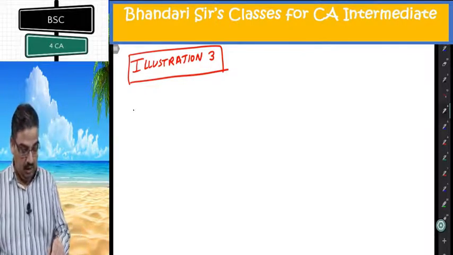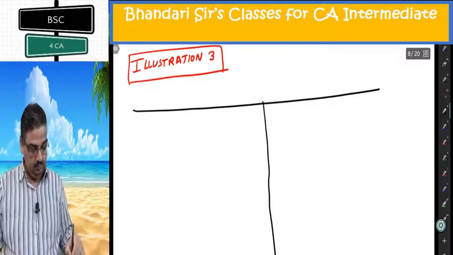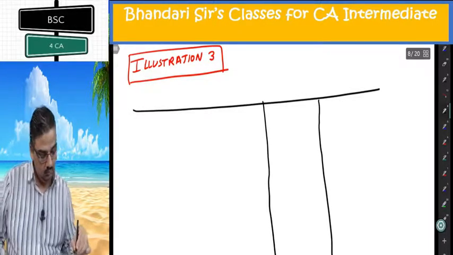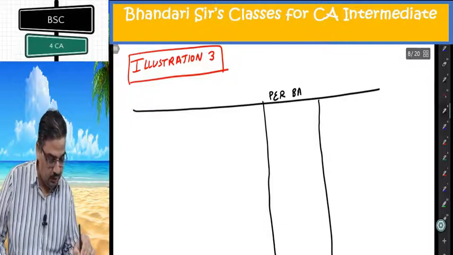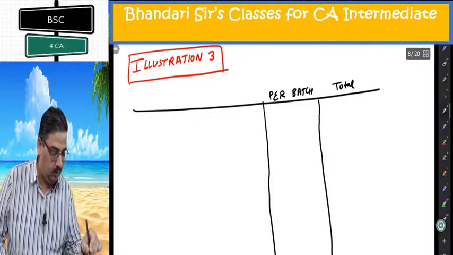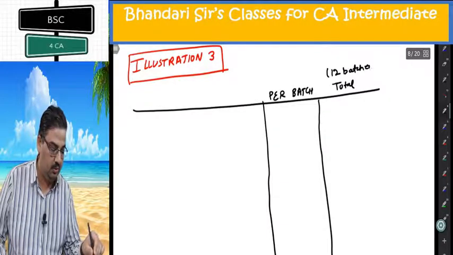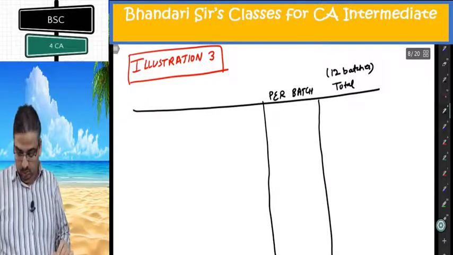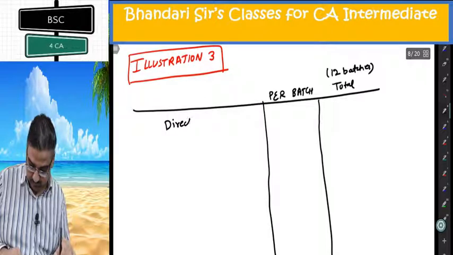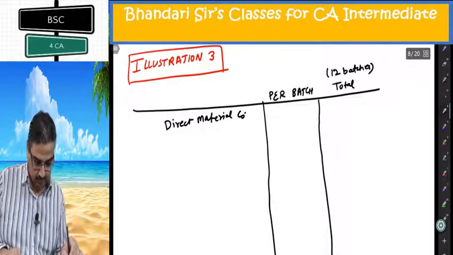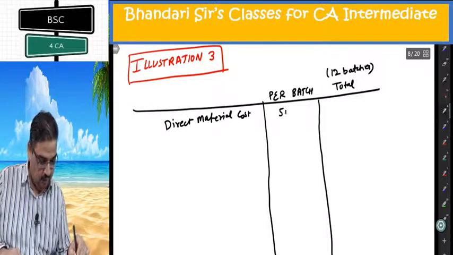So I am making a cost statement. Per batch cost, total is for 12 batches. So you are given direct material cost. You are given per batch.